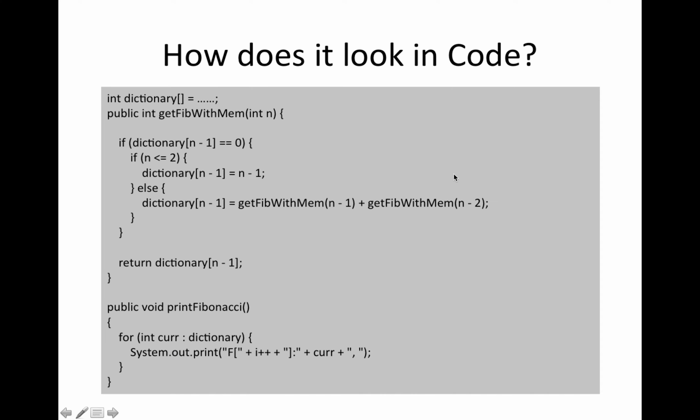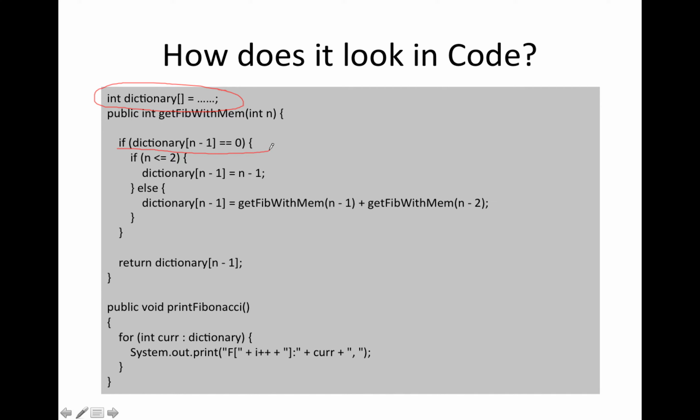Alright, so just a quick look at the code. The basic idea is that we have a cache here, and we know that in the fib series, there is no 0 after the first number. All other numbers are non-zero.